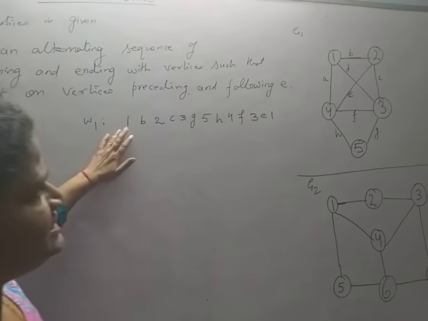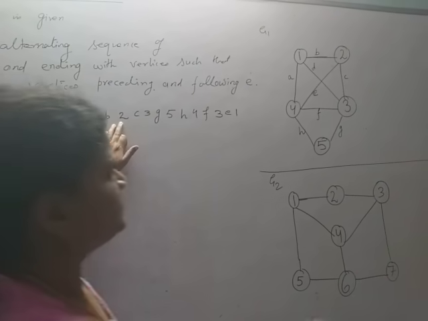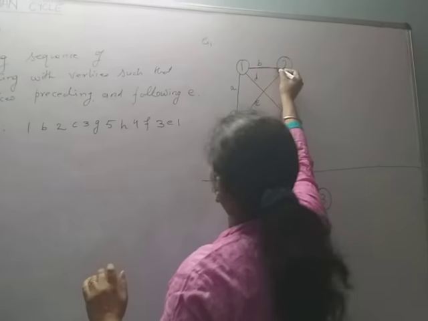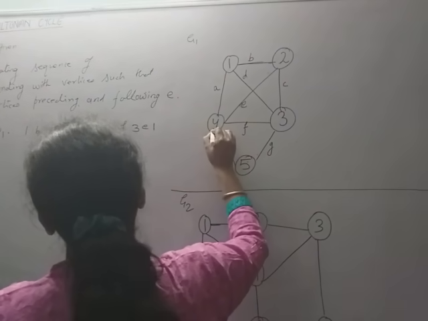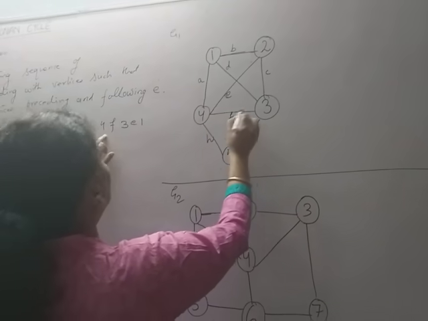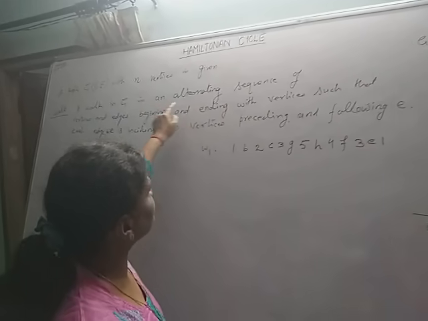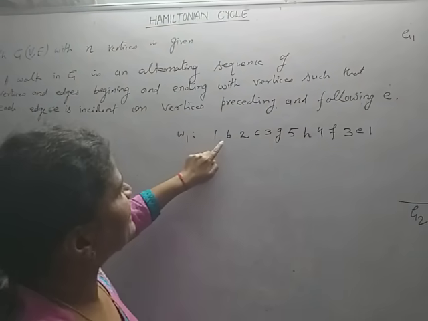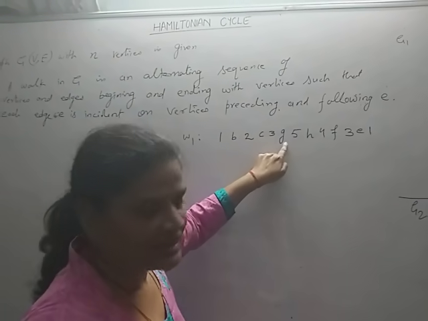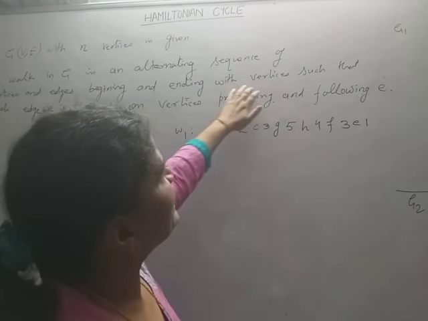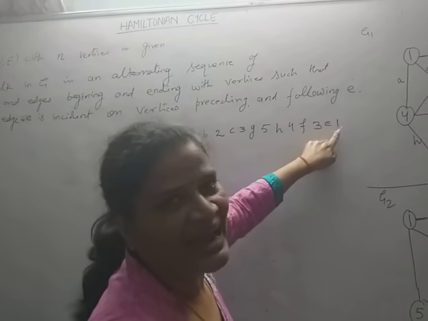This is one walk. This is a vertex, this is an edge: 1, B, 2. So 1 to 2, 2 to 3, 3 to 5, 5 to 4, 4 to 3, 3 to 1. And as given, a walk in G is an alternating sequence of vertices and edges: vertex, edge, vertex, edge, vertex, edge, beginning and ending with a vertex. Every walk should start from a vertex and end at a vertex.